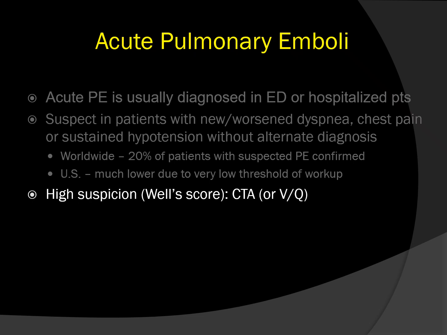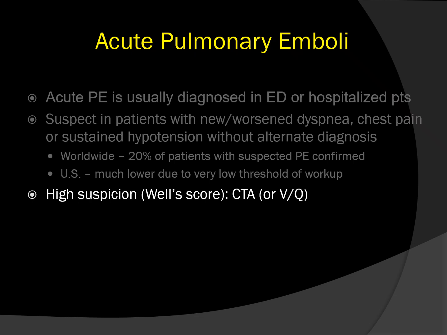The problem with the VQ scan is in patients with suspected pulmonary embolism, not all patients have a diagnostic VQ. A high probability scan in the right circumstances is fairly confirmatory of suspicion for pulmonary embolism, and a normal scan pretty much excludes PE. Its sensitivity is about 96%, or the negative predictive value, I should say, is about 96%.